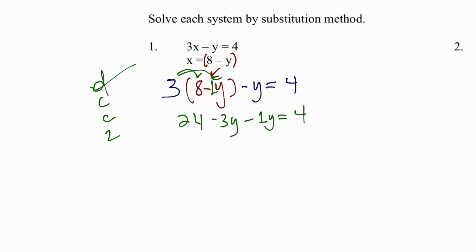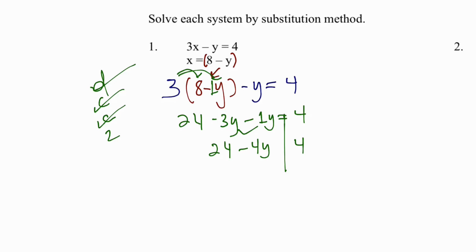So I distribute, check. Now let's combine. I can combine these two, a negative 3 and a negative 1 gives me negative 4y. I don't have anything to collect because I don't have variables on 2 sides. I just have the one variable.